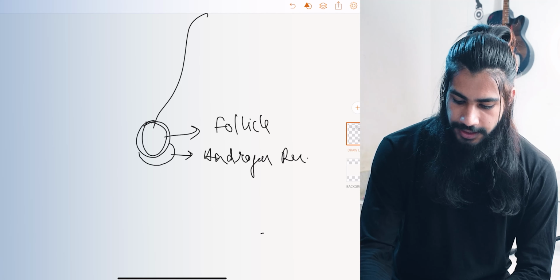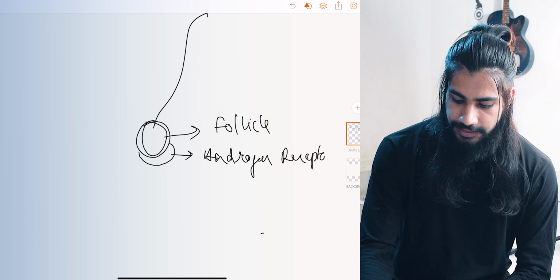Now because DHT cannot directly attach to follicles, it attaches to the follicles via this androgen receptor, and here comes the DHT.